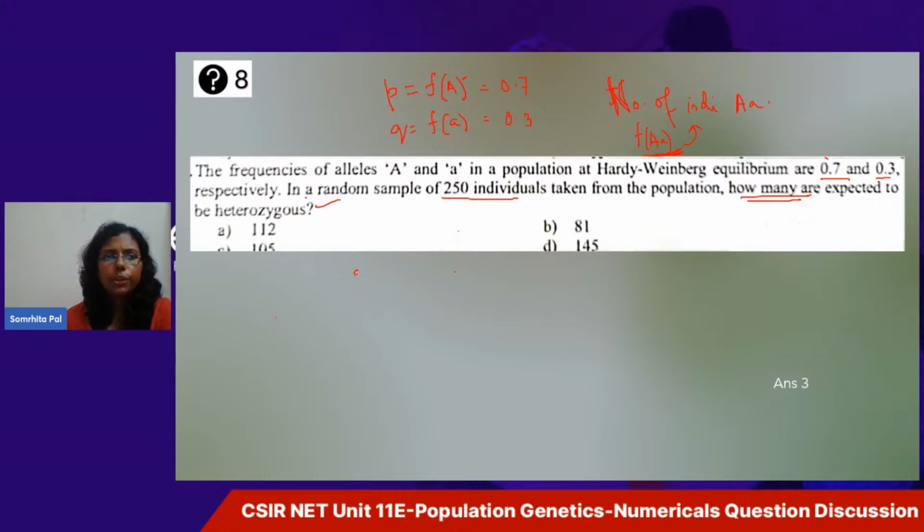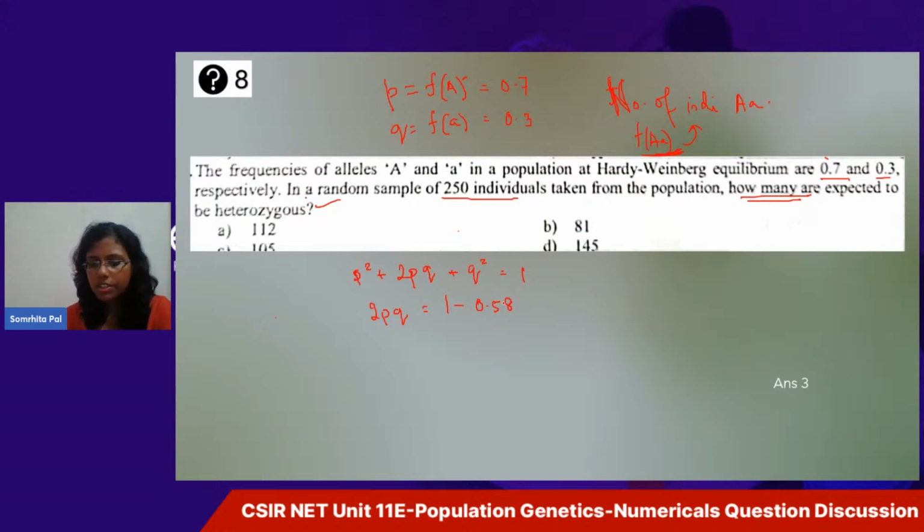So first, you can use the formula P square plus 2PQ plus Q square is equal to 1, so 2PQ is equal to 1 minus 0.58.